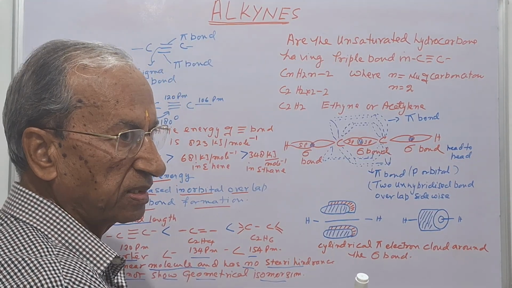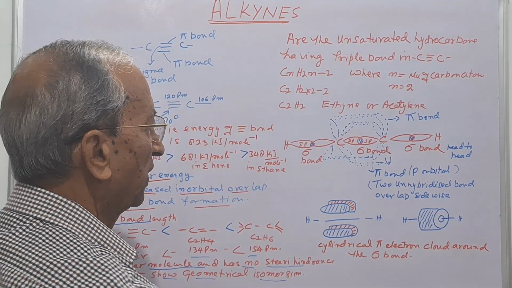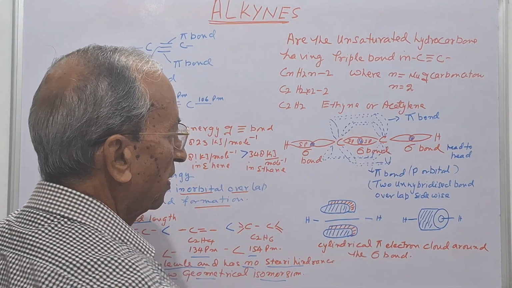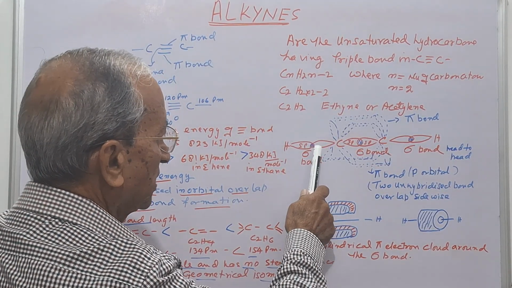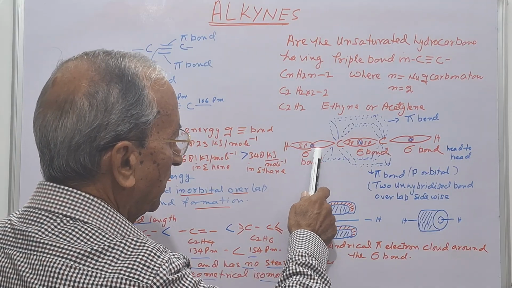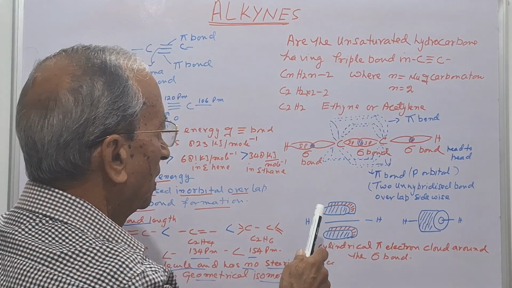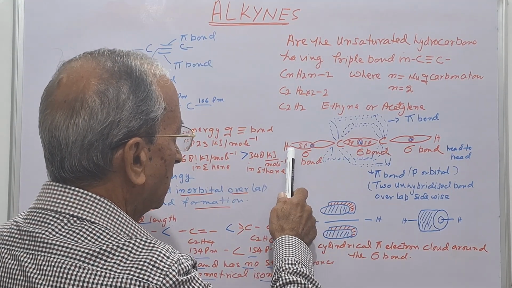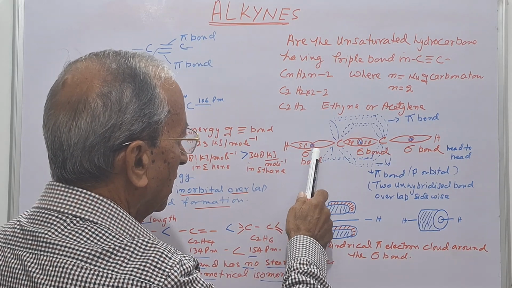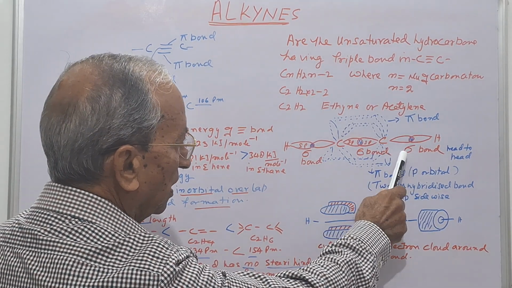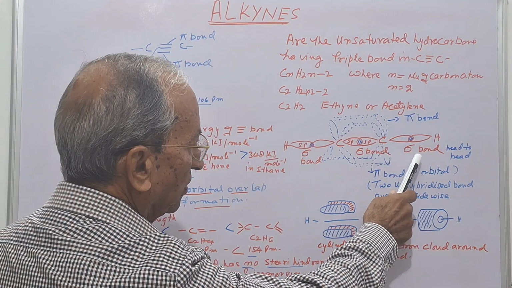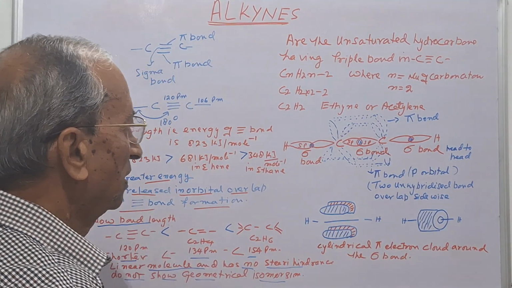So the first bond, in the center, is a sigma bond. Now the other sp hybridized orbital of the carbon overlaps head to head with the hydrogen atom, forming one sigma bond. In the same way, the other carbon atom also forms a sigma bond.